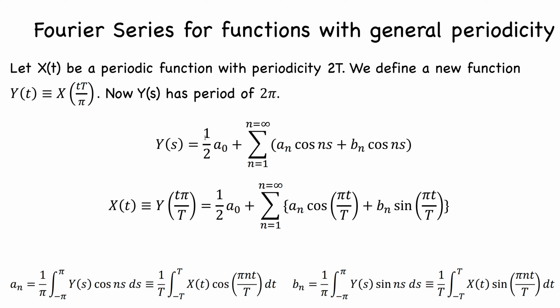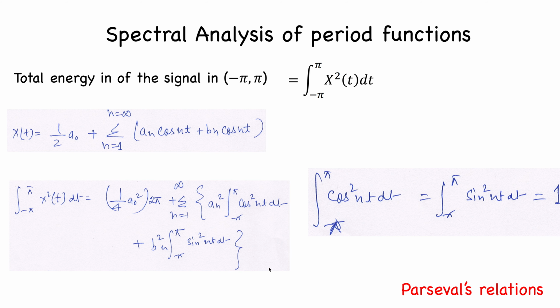So y(s) can be written as 1 by 2 a_0 plus a_n cos ns and so on. Similarly again, a_n and b_n can be estimated by multiplying by sine and cosine on both sides one after the other.